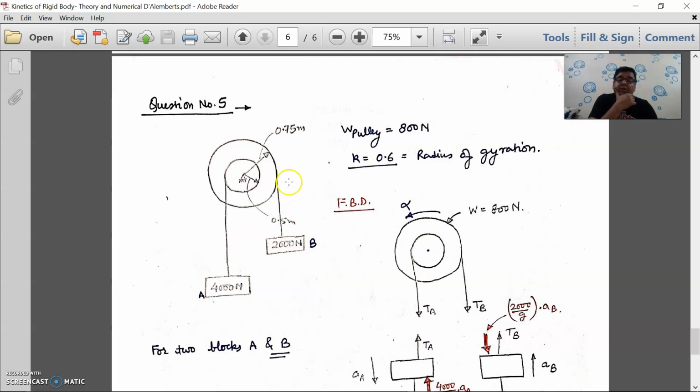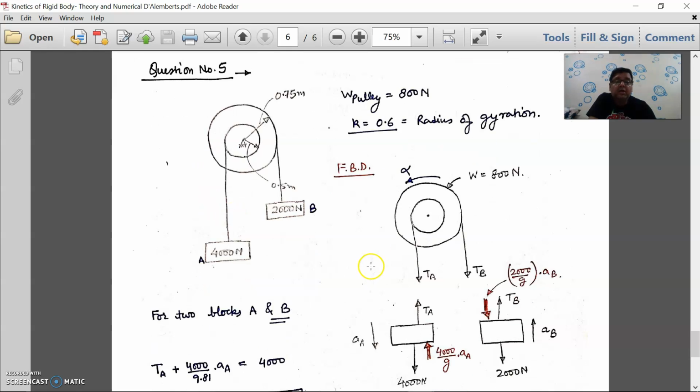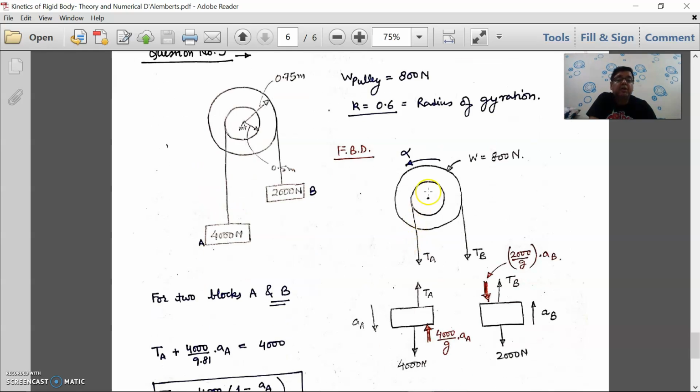Now we draw the free body diagram of three objects: the 4000 Newton block, the 2000 Newton block, and the pulley.